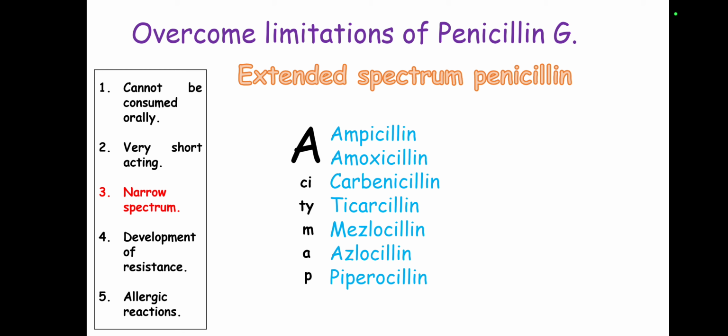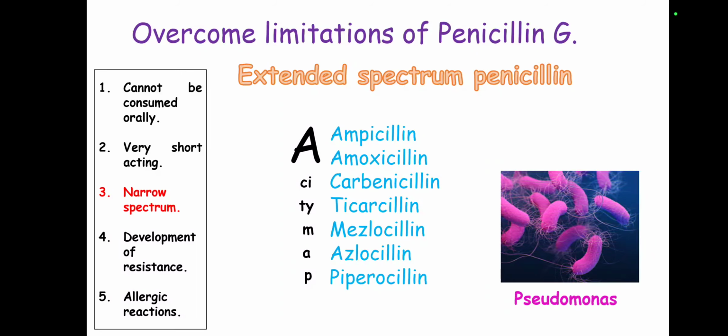Now, one of the most dangerous gram-negative bacteria is Pseudomonas. Against Pseudomonas, these drugs carbenicillin, ticarcillin, mezlocillin, azlocillin and piperacillin, these 5 drugs are effective. Ampicillin and amoxicillin are not effective against Pseudomonas.